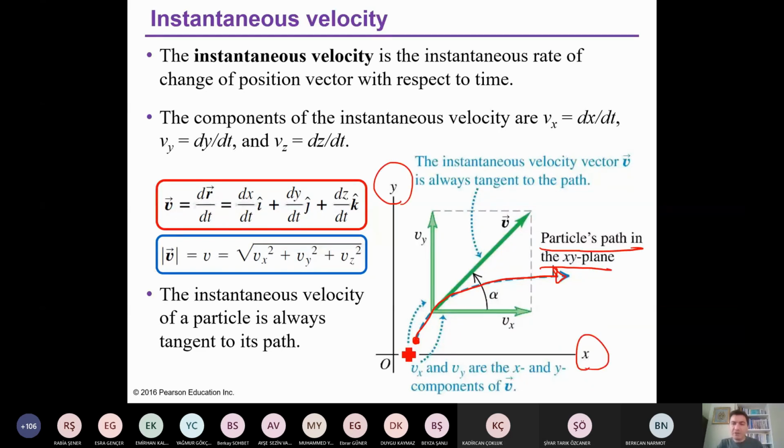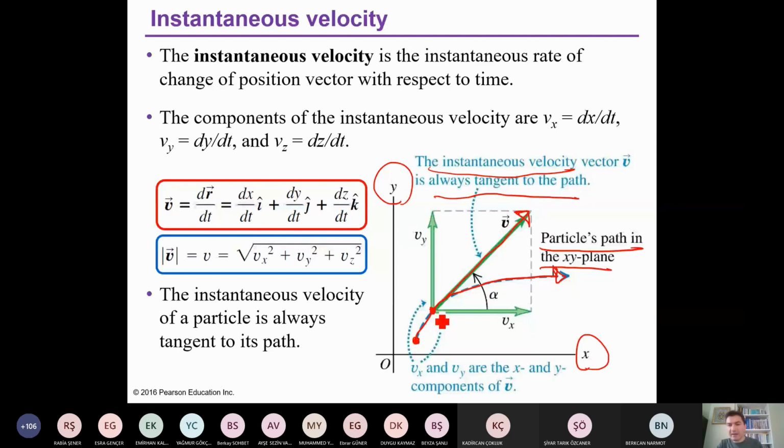So I would like to get the instantaneous velocity at this position. The instantaneous velocity vector is always tangent to the path. So the velocity is given with this direction. This is the instantaneous velocity at this position. And this velocity has two components, Vx component and also Vy component.